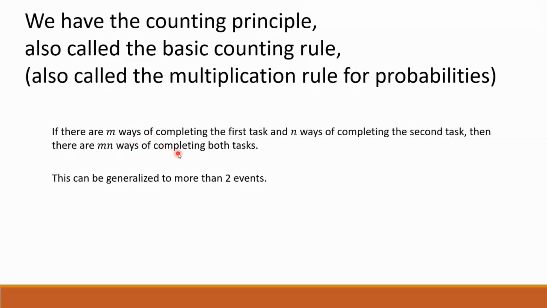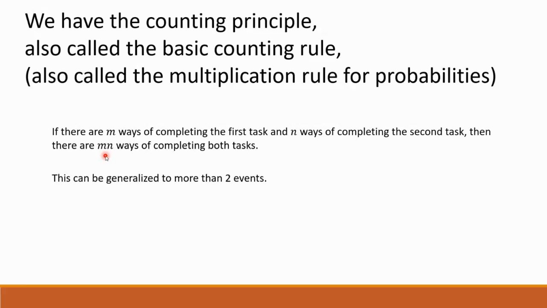Each of those tasks is in the experiment. If there are m ways of completing the first task and n ways of completing the second task, then in total, to complete both tasks, there are m times n ways of completing both tasks.